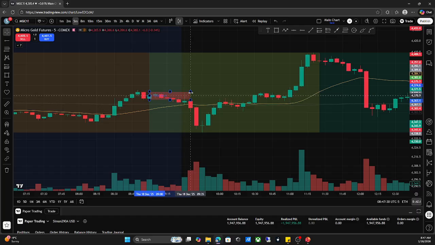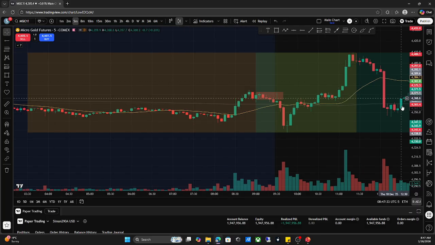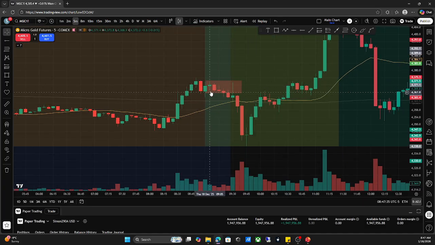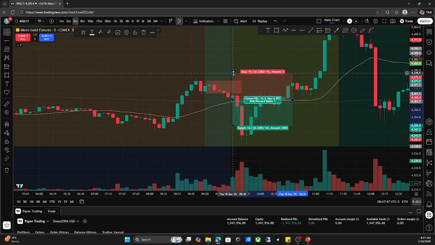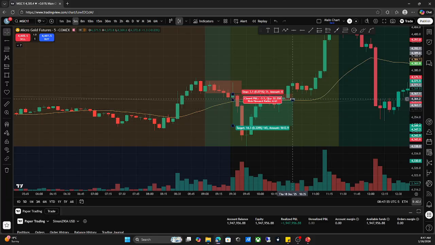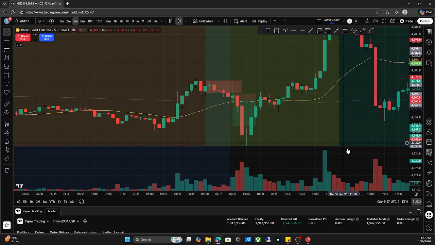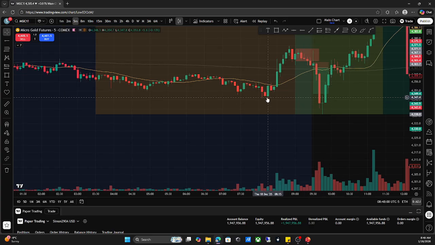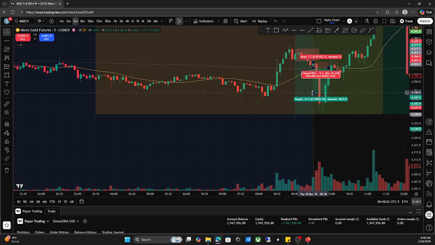Okay, very tiny bit. That's the rejection there. It comes down and you enter here. The wick, you put your stop loss here. One to one.